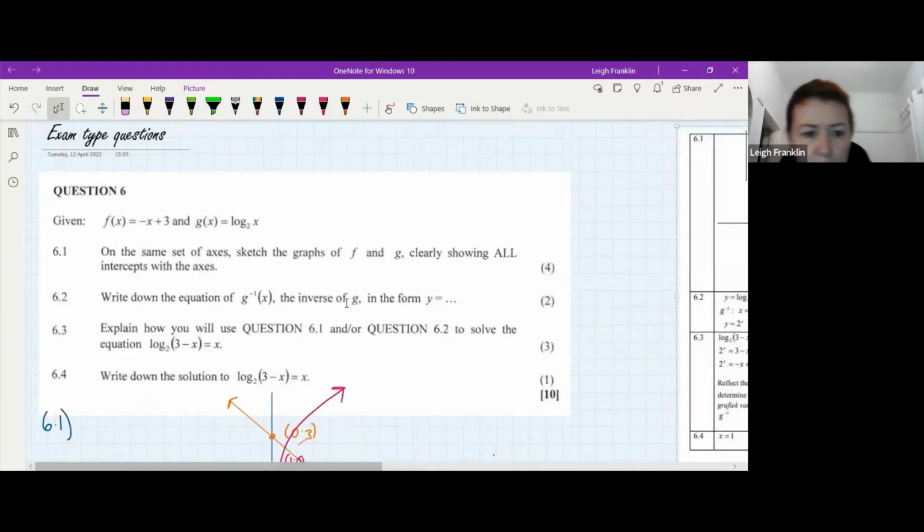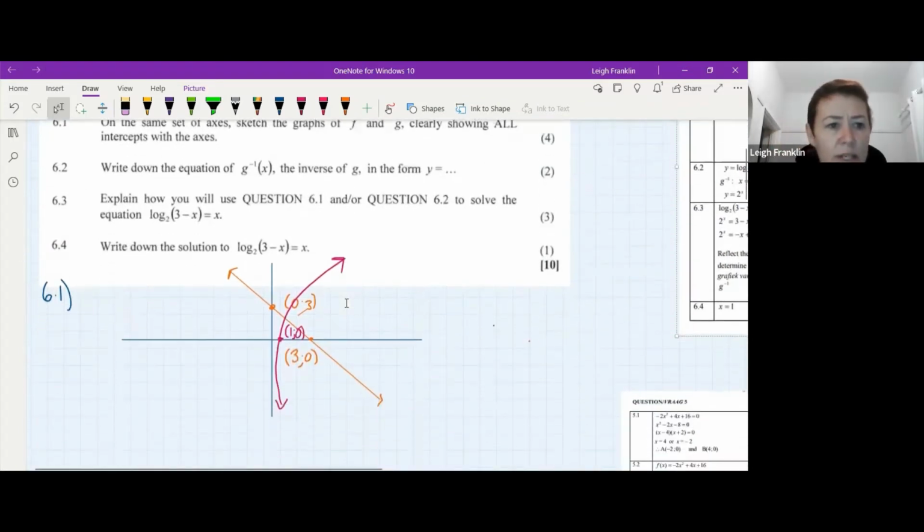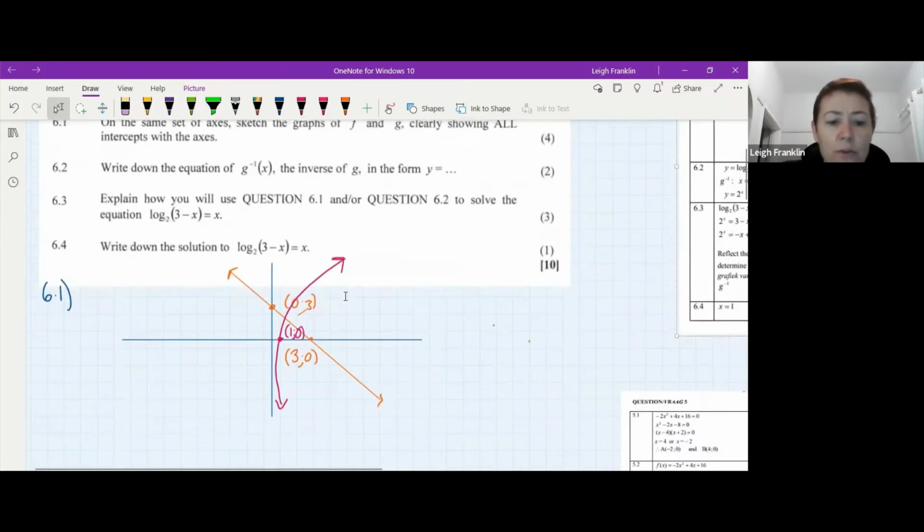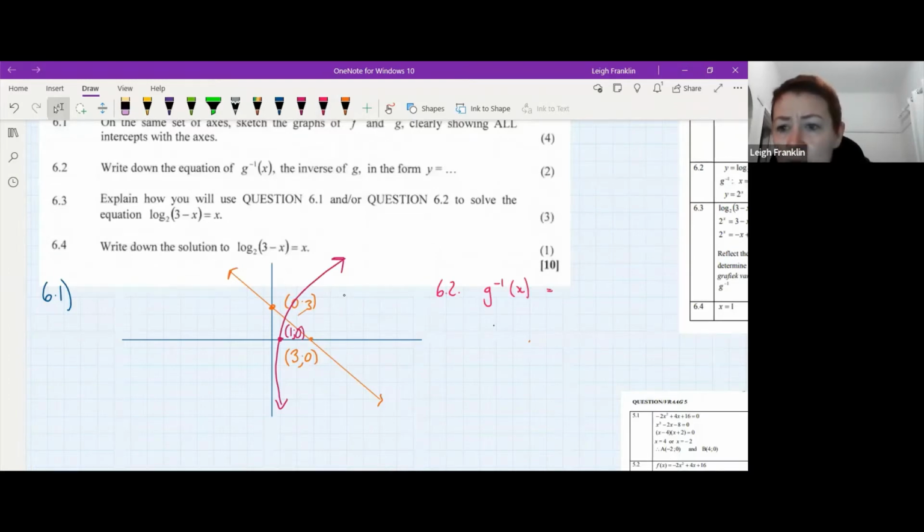Okay, let's just move that over to the side. Next thing that they want us to do, 6.2: write down the equation of g to the minus 1 of x, the inverse of g, in the form y equals. Okay, so again, if you've studied, this part should be super, super easy. Okay, so here, this should be the graph of g to the minus 1 of x.